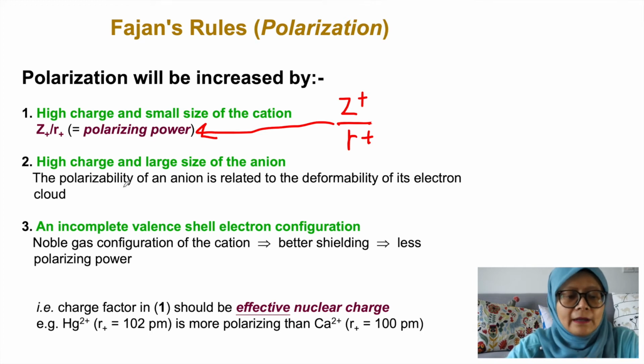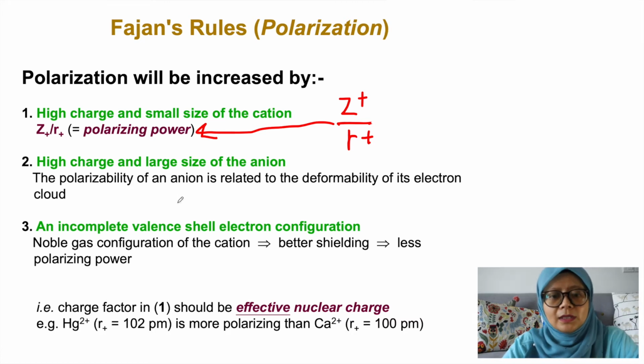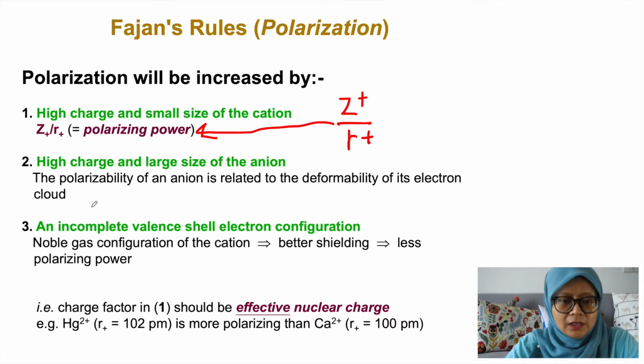The polarizability of an anion is related to the deformability of its electron cloud. And the third one, we need to have an incomplete valence shell electron configuration.